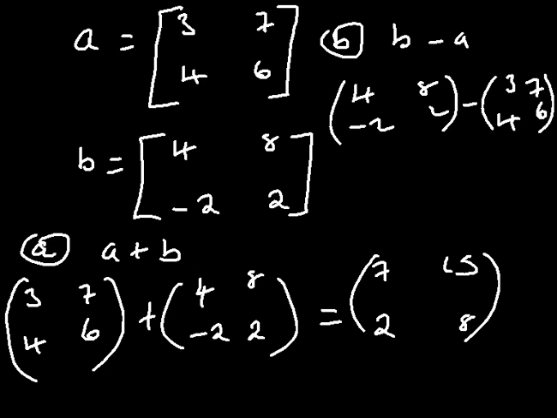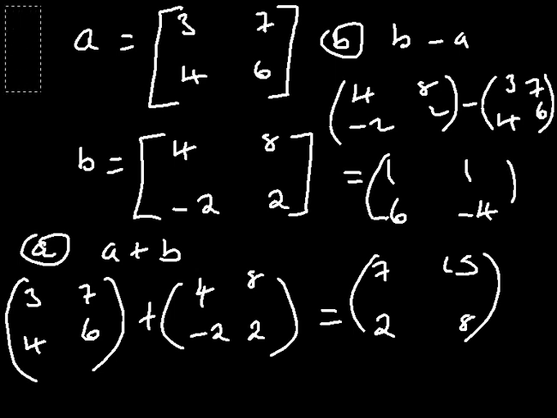We'll have 4 minus 3, that is 1, 8 minus 7, that is positive 1, and negative 2 minus 4, we have negative 6, and 2 minus 6, that is negative 4. So that is the solution.